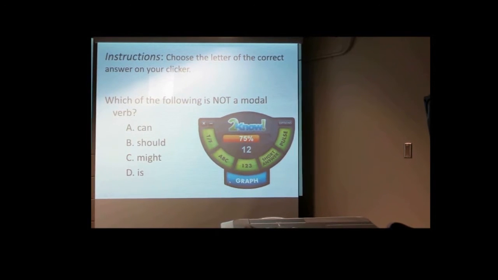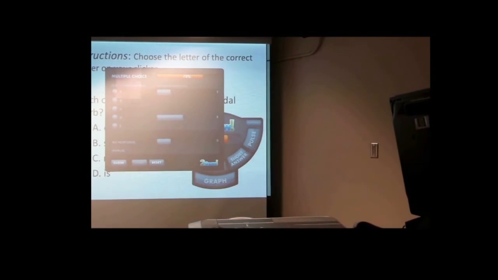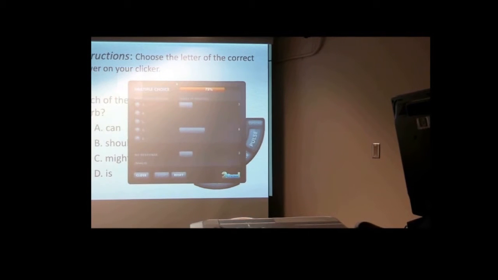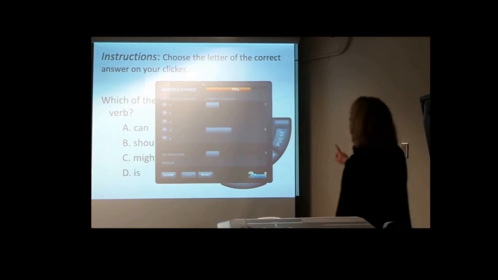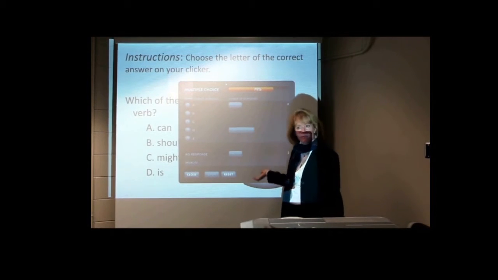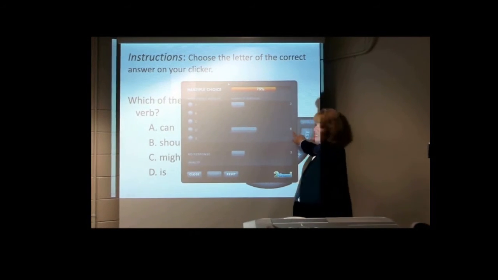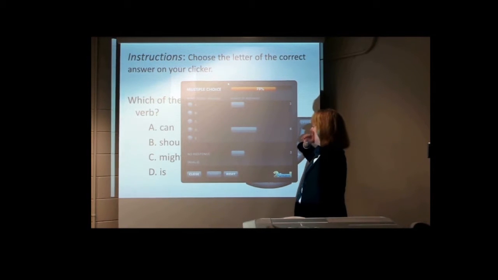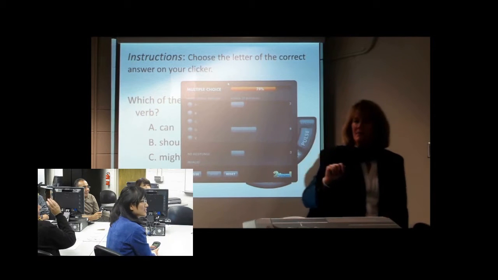All right, let's see what you said. Multiple choice. A, 3 people. B and C, no one. And D, 6 people. So that looks like the answer might be D. Who said D? Penny, can you explain why?